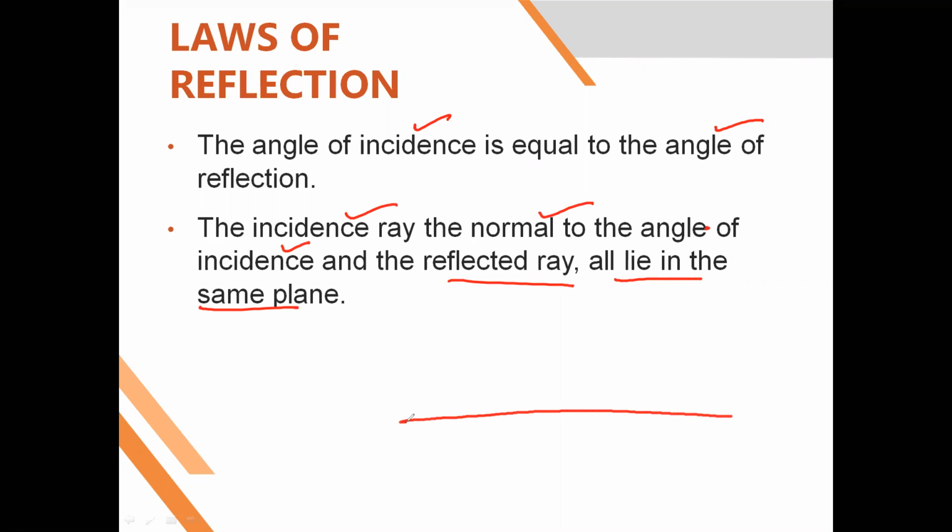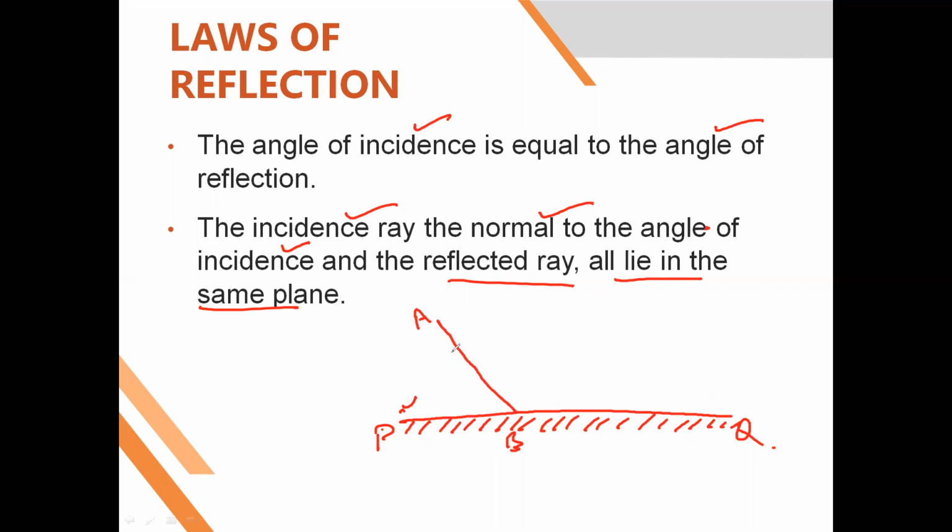If this is the screen, let's say PQ, and this is the painted side of it, this is the reflecting side. Now the ray of light which is coming over here, this is the incident ray.